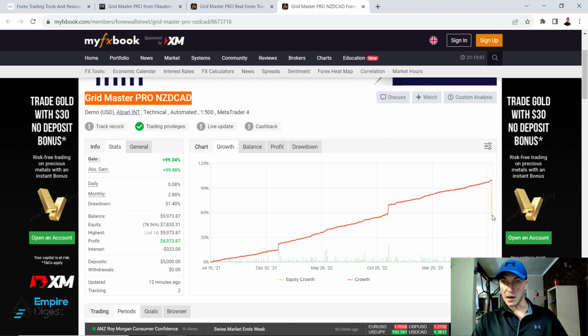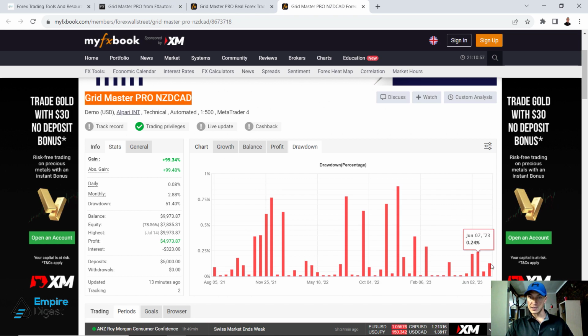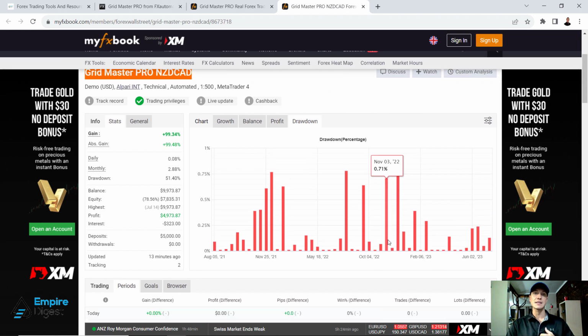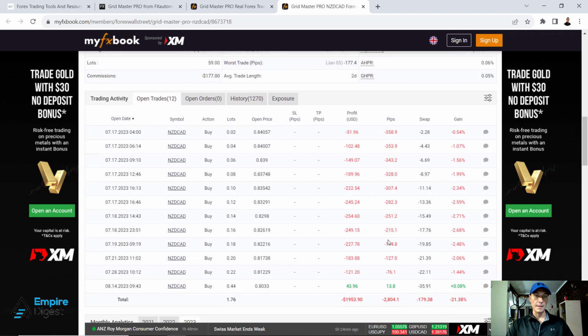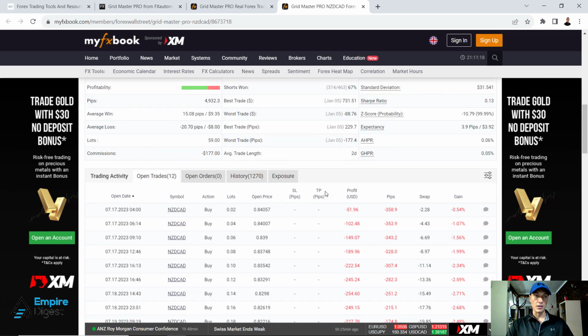You see this high equity drawdown, and if I click on the drawdown, you will see it's not reflecting at this point in time, because the last drawdown that I can see was actually June 2022. That's a long time ago. So my guess is that they've stopped sharing the results. Yes, there we go, June, July, there's nothing after that.